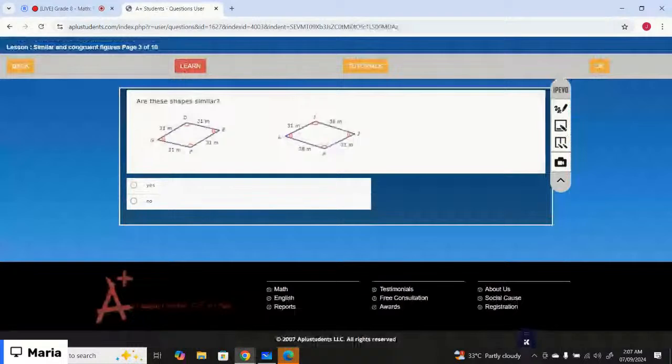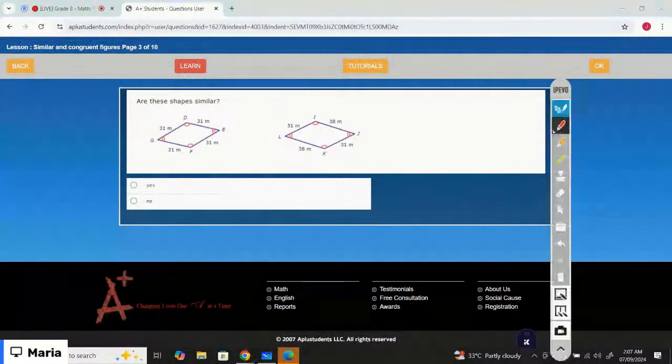Are these shapes similar? Okay, so just look at the corresponding angles.